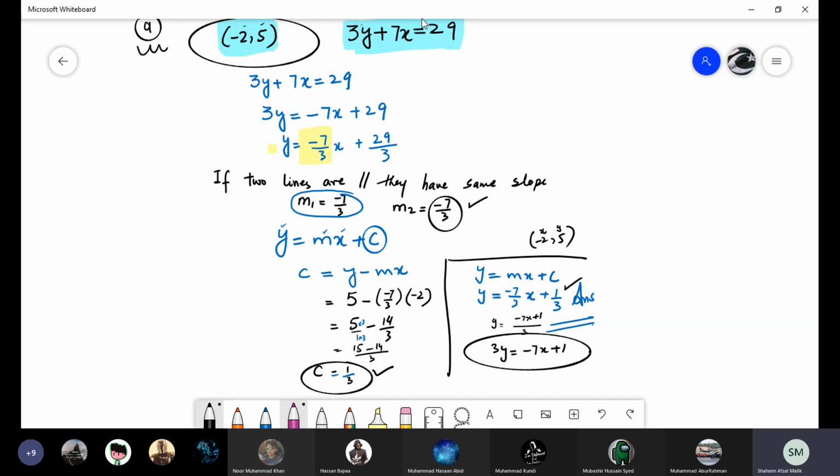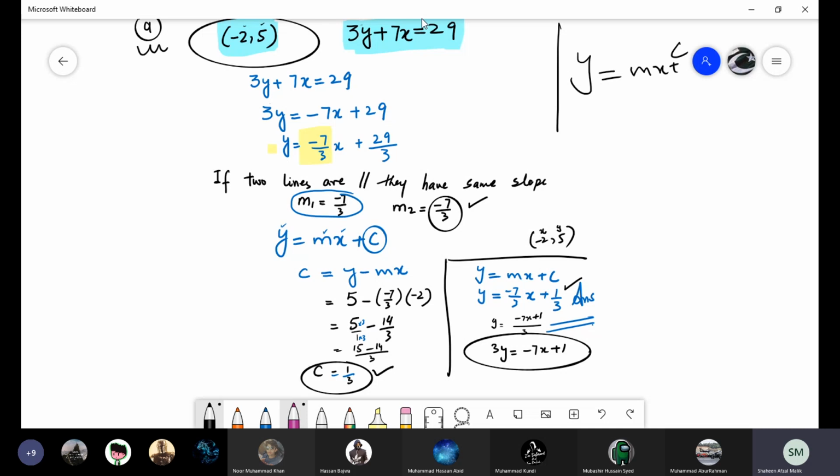We will write it in the standard form, y is equal to mx plus c, and we get the slope. Because the lines are parallel, their slopes are equal to each other. When you get the slope, the next thing to find is c, because x and y are already given.